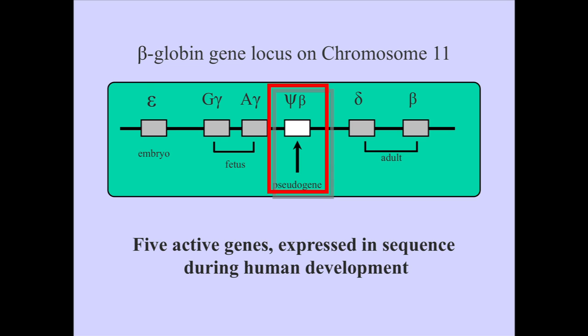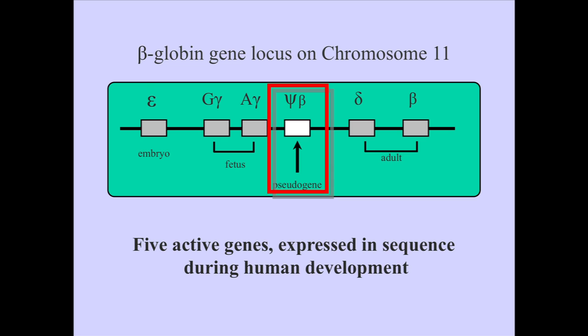One of them, as shown here to the far left, is on only during embryo development, regulated by a promoter. This then shifts to the two shown adjacent to that, which are on in a fetus. This is interrupted by what is called a pseudogene. This is a non-functioning gene. It has the sequence of a globin gene, it just doesn't make globin, okay?